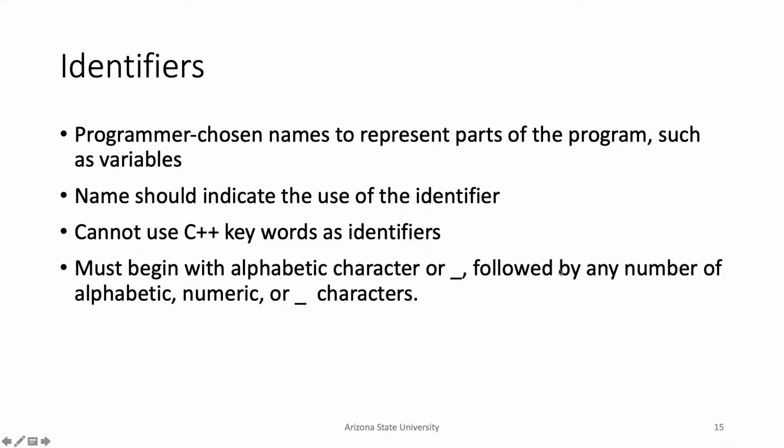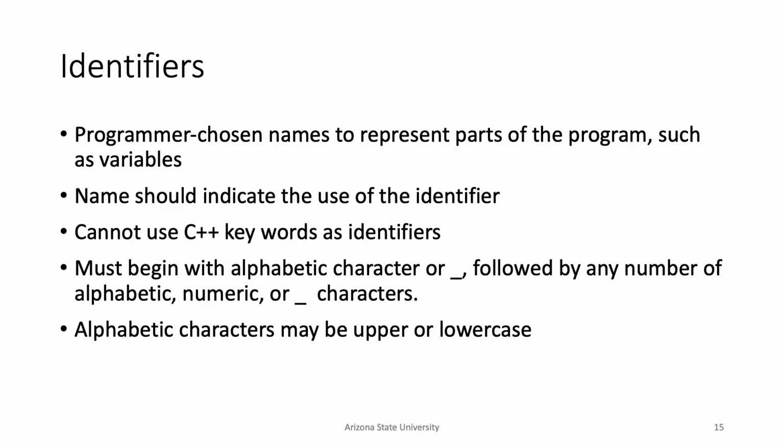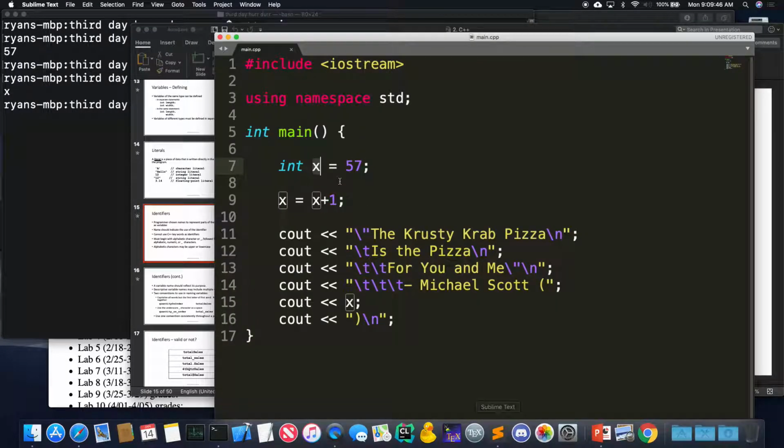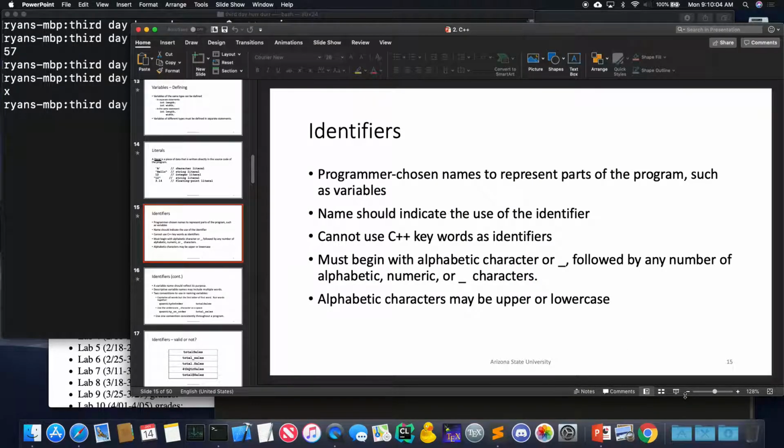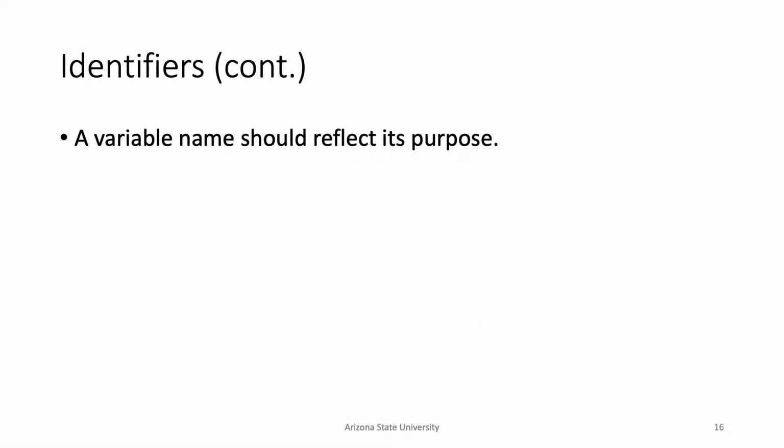And then after that first character, those 53 plus all numeric digits are also allowed. So I could say x012, and that would be a perfectly valid variable name because it starts with an alphabetic character, and it has either alphabetic or numeric characters after that. Let's do a short quiz, but not here. It's on the next slide, I just remembered.